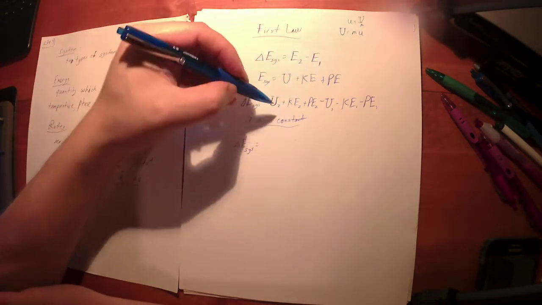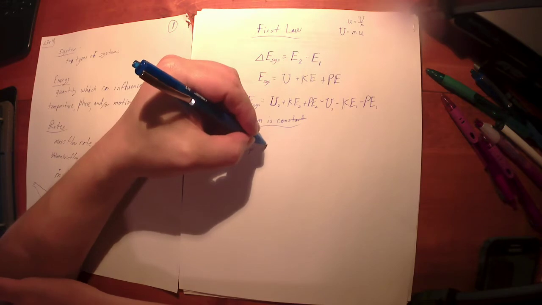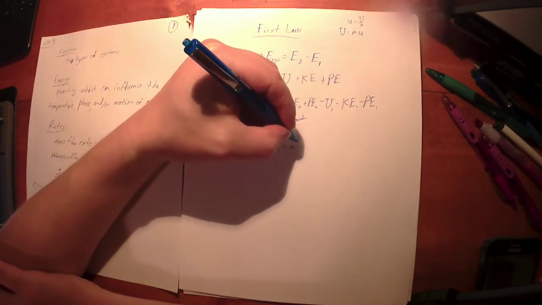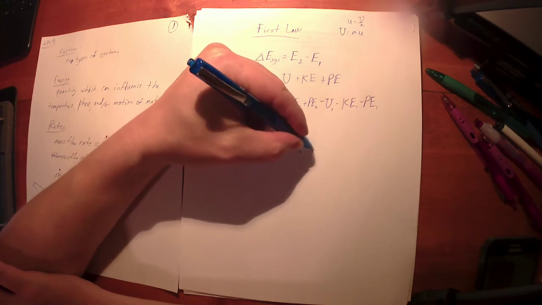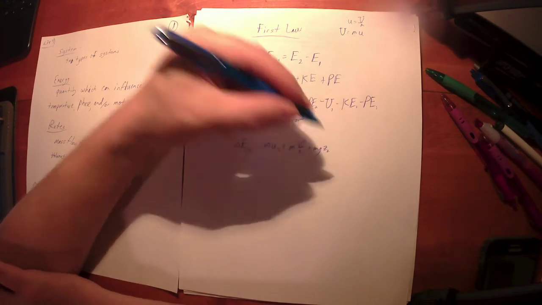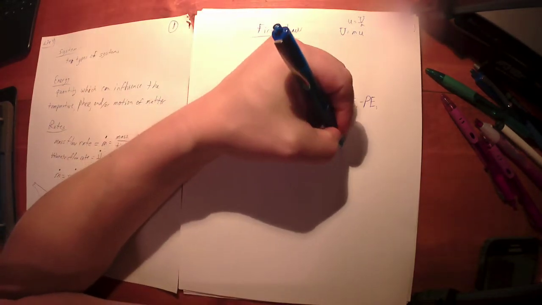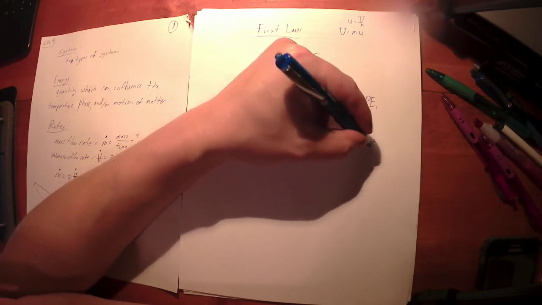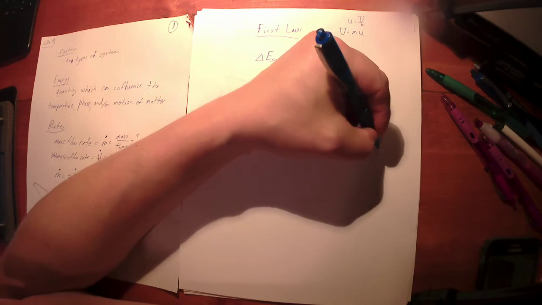So this is m times little u, so this is m u2 plus m v2 squared over 2 plus m g z2, minus all these things at state 1: m u1 plus m v1 squared over 2 plus m g z1.